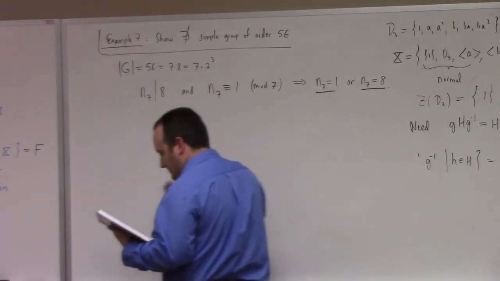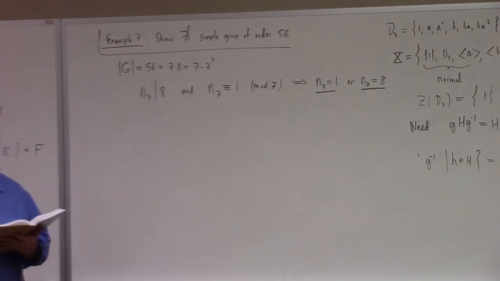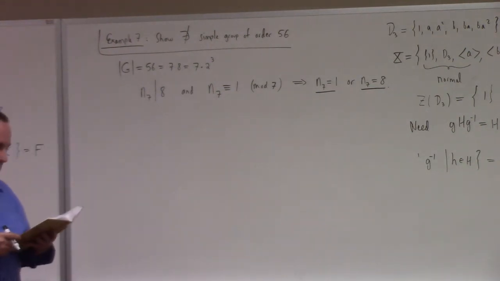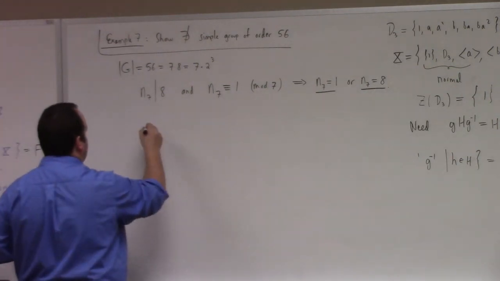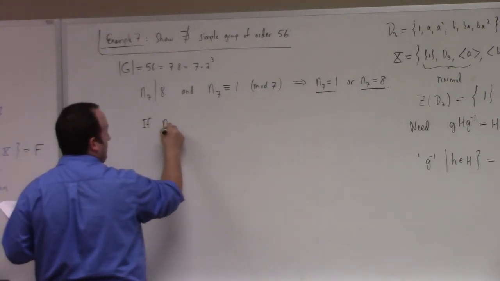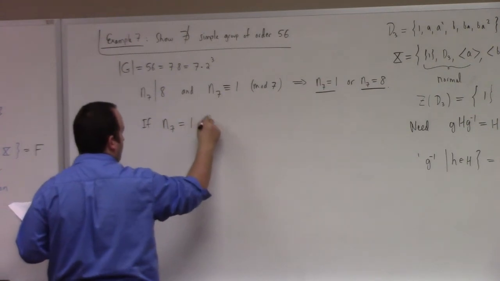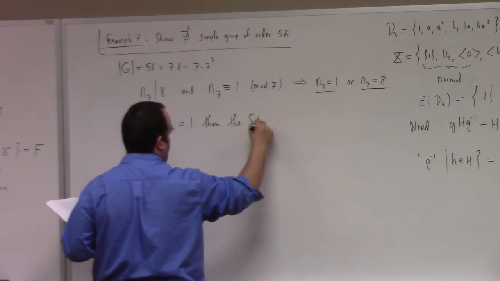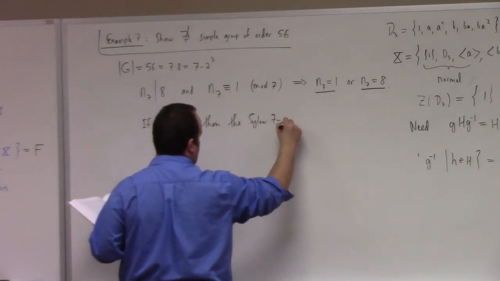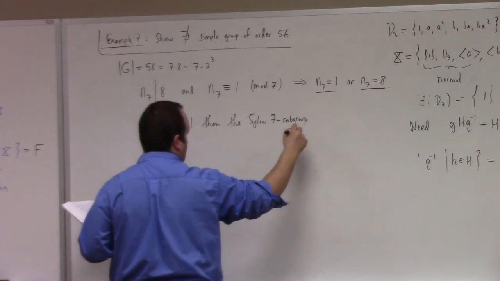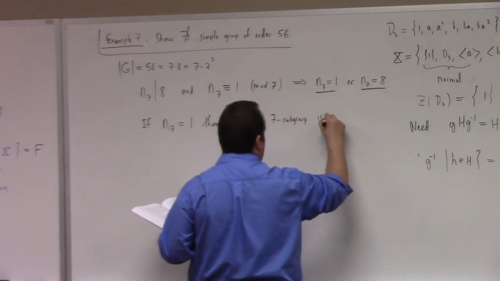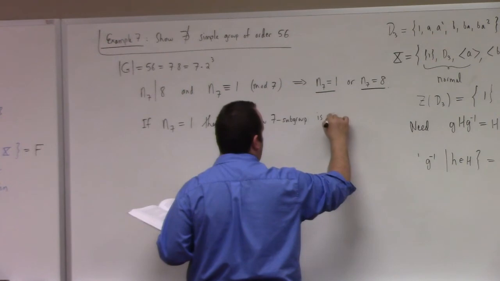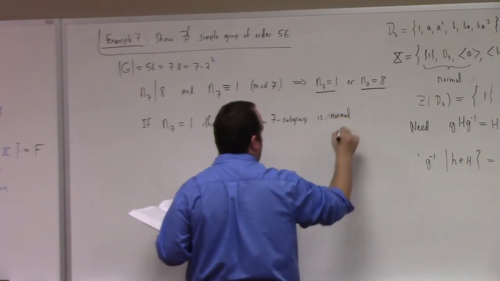Great. All right. So he says, if the number of Sylow 7 subgroups is 1, then that means that the Sylow 7 subgroup is normal, right? Does that make sense? Why is that? That's one of the other theorems we found in this section, which is that if there is a unique Sylow p subgroup, then it's normal.